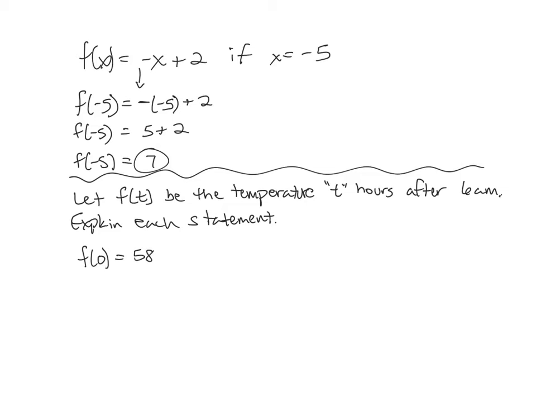Okay, so on this, the t is now a 0. And t represents the hours after 6 o'clock in the morning. So what this one represents is at 6 a.m. it's 58 degrees.